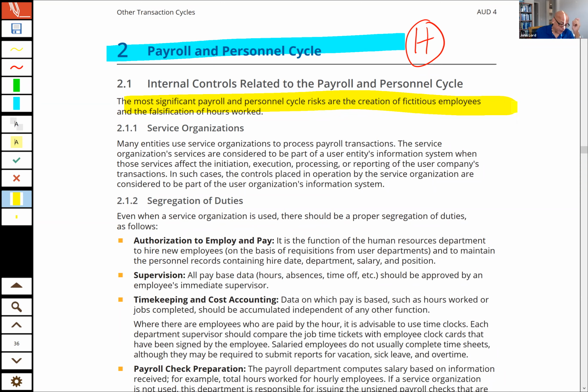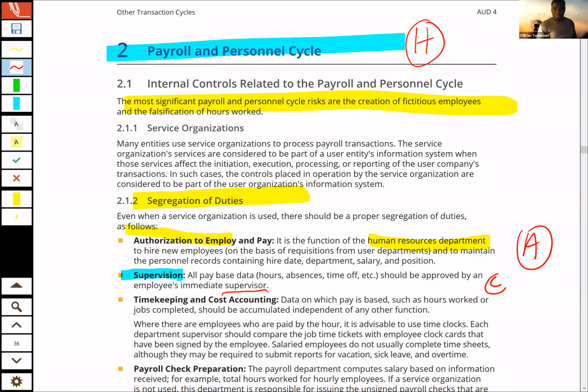We don't want that, okay? So when we look at the segregation of duties, notice the authorization to employ is the human resources department. That's an authorization, okay? Then we have supervision, and the supervisor is custody.